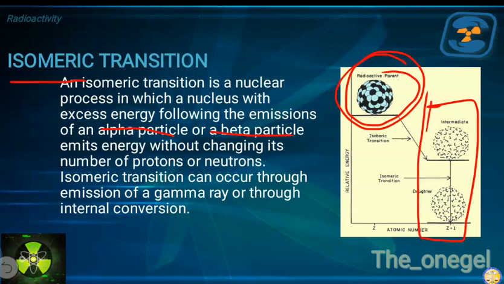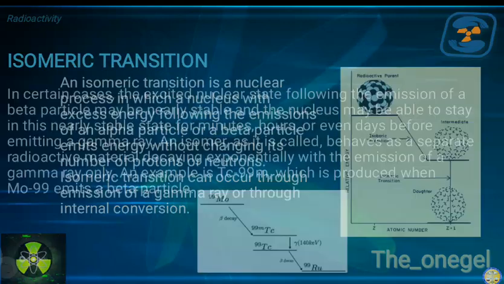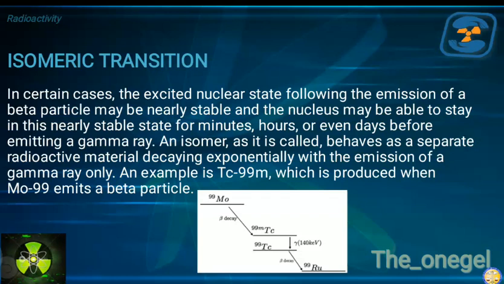Kaya nga, yung illustration natin, hindi siya magkahiwalay na path. Same path lang siya. Kasi iisang atom pa din yan. Diba? Sige. In certain cases, the excited nuclear state following the emission of a beta particle may be nearly stable and the nucleus may be able to stay in this nearly stable state for minutes, hours, or even days before emitting a gamma ray.